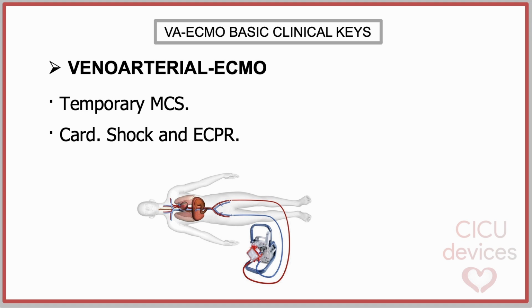The primary objective of Venoarterial ECMO is to maintain systemic perfusion and oxygen delivery while allowing time for myocardial recovery, definitive treatment, transition to a durable mechanical support device, or heart transplantation.